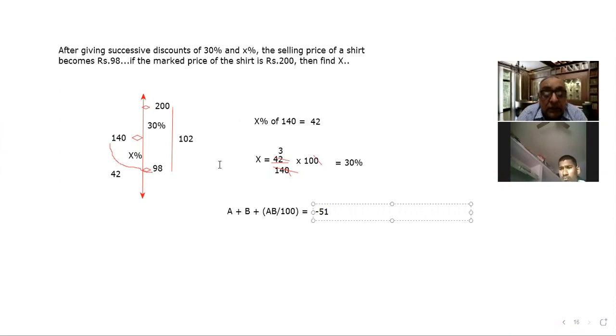It means A would be equal to minus 30, because it is the one discount given, and we have to find the value of B. That is the whole question. Is it clear to you? Okay, good.